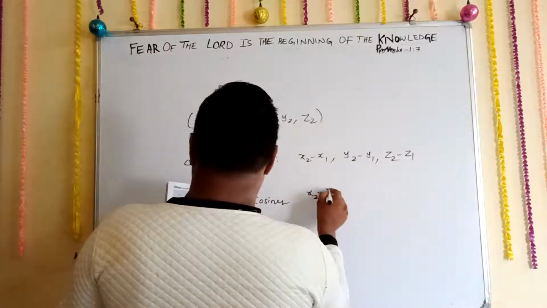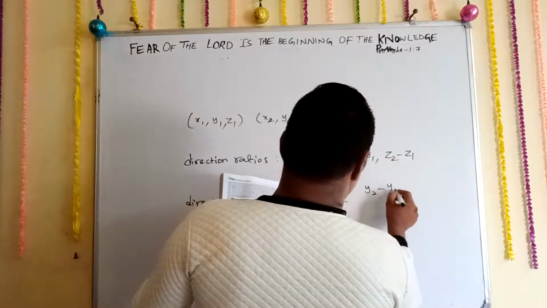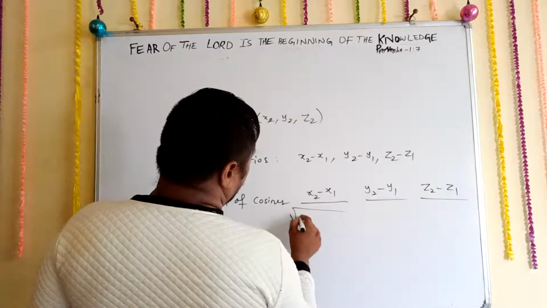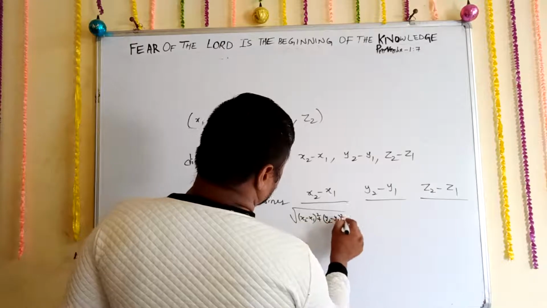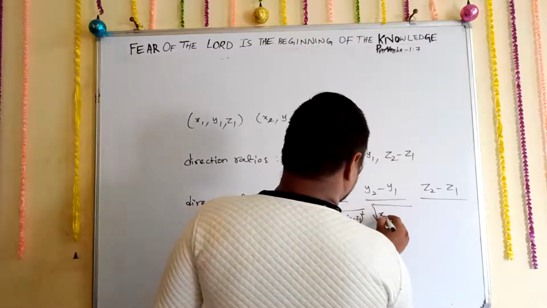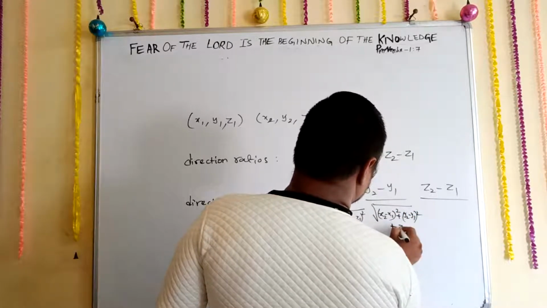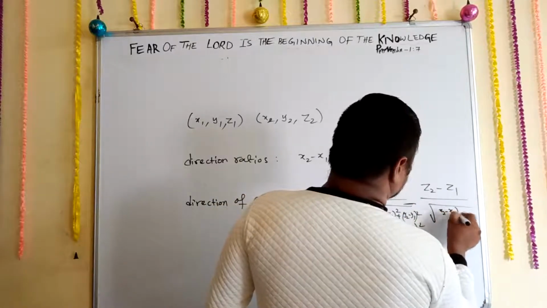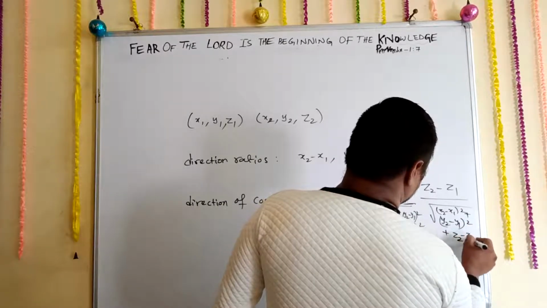So x2 minus x1 upon, and then y2 minus y1 upon, z2 minus z1 upon, square root of x2 minus x1 whole square plus y2 minus y1 whole square plus z2 minus z1 whole square, that is the distance. The same thing in each of the three places.